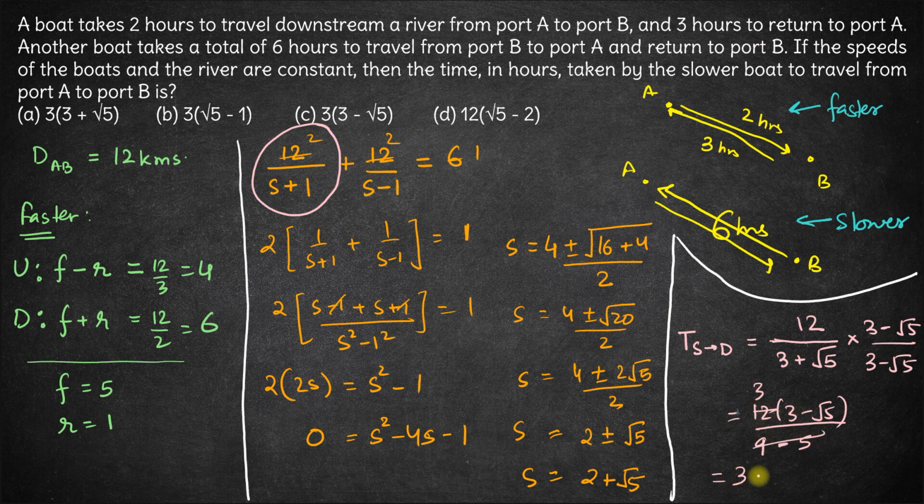So this becomes 3 times 3 minus root 5. Okay. And do we have an option like this, 3 into 3 minus root 5? Yes, option C is the right answer here. Thank you.